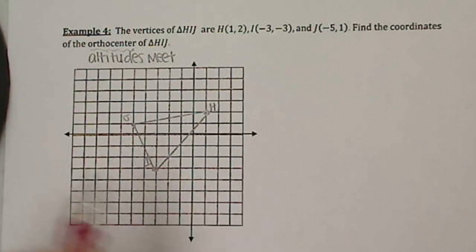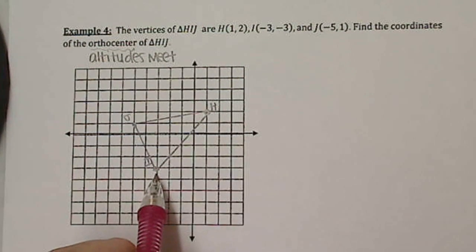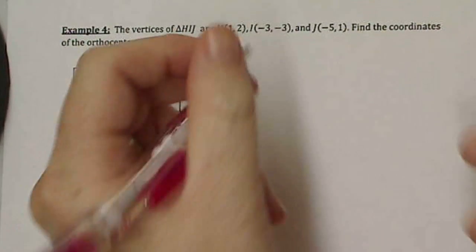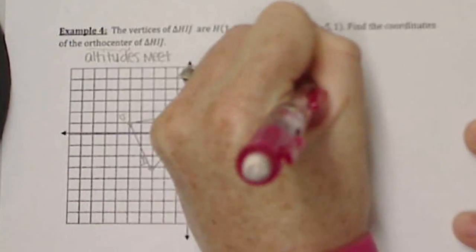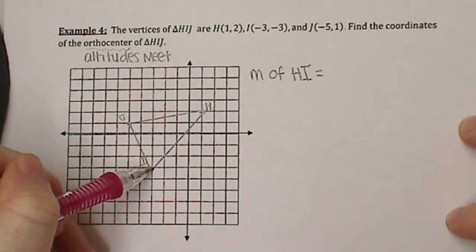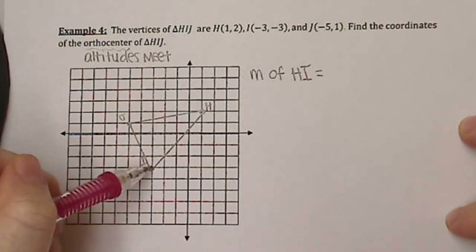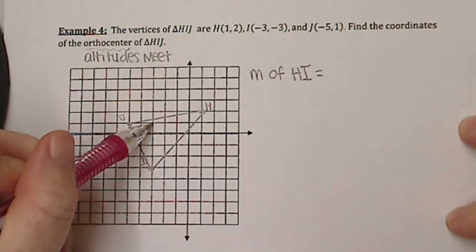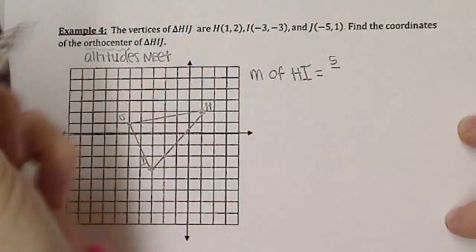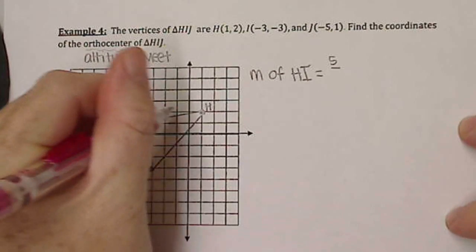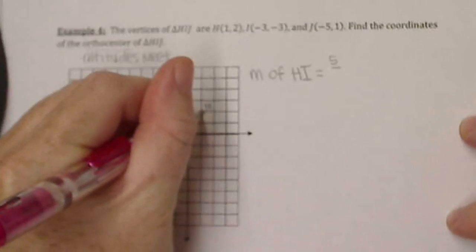Let's look at HI, the slope of HI. Let's find that. The slope of HI, remember, rise over run, so 1, 2, 3, 4, 5 over 1, 2, 3, 4.